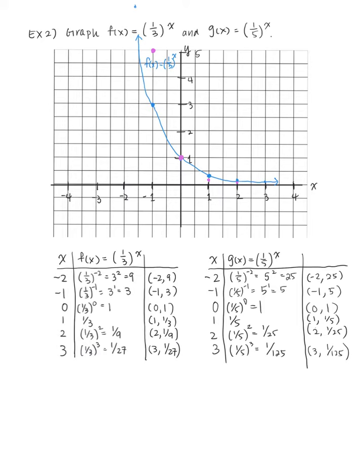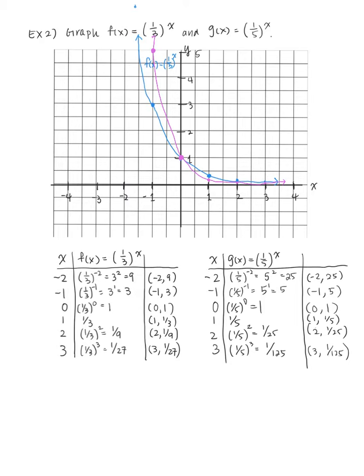All right, and then when x is 3, our y value is 1/125. So it's basically almost touching the x-axis. But anyway, if I graph this out, again, it's really hard to draw this on this tablet that I'm using.